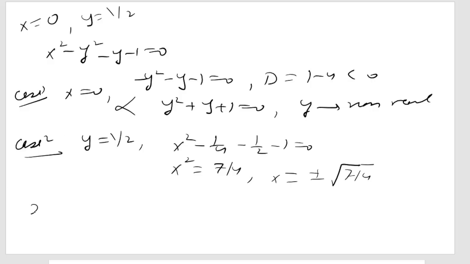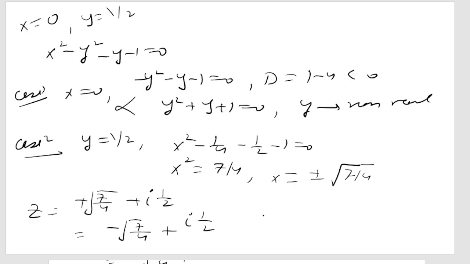So what is z? z is either plus root 3 by 2 plus i times half, or minus root 3 by 2 plus i times 1 by 2. Got it? So this is how we can find these two solutions.